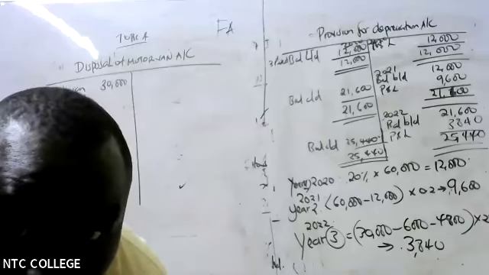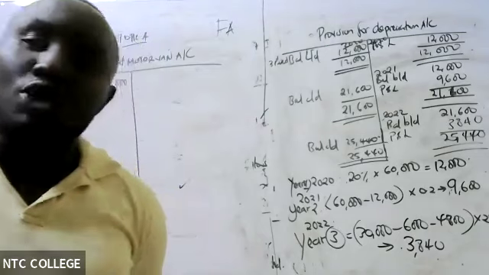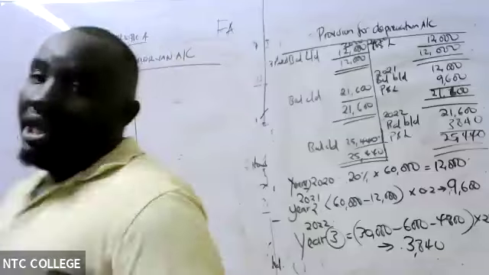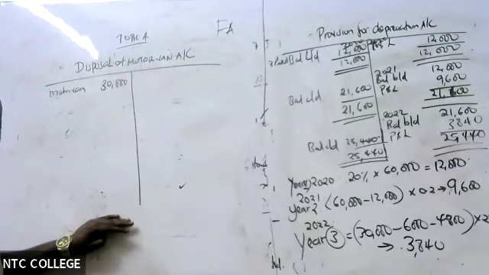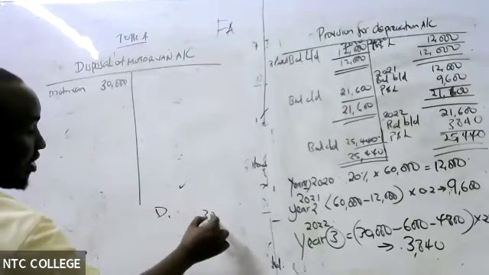Betty, tuko pamoja? Please respond. If you are behind I can still explain. Betty, do you see this below? Cost price. Look at that account I have erased. Do you see the disposal below? Disposal of 30,000.